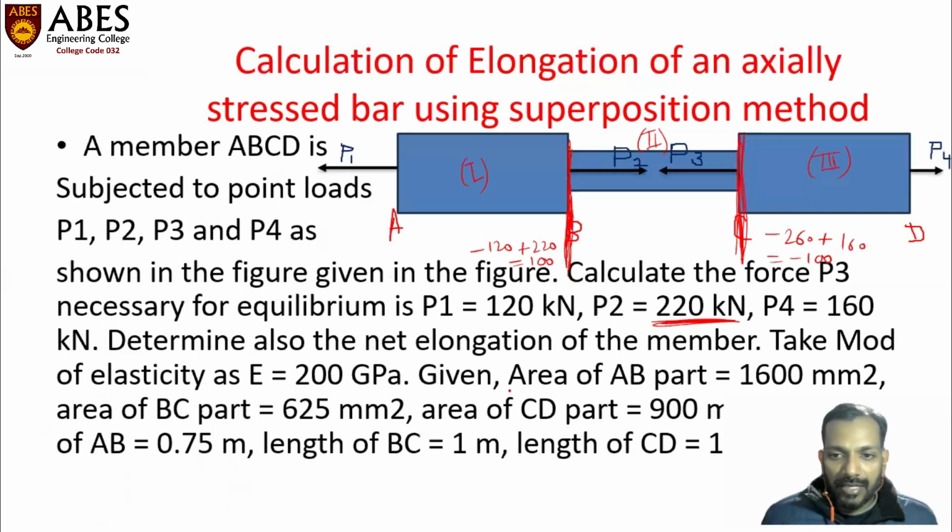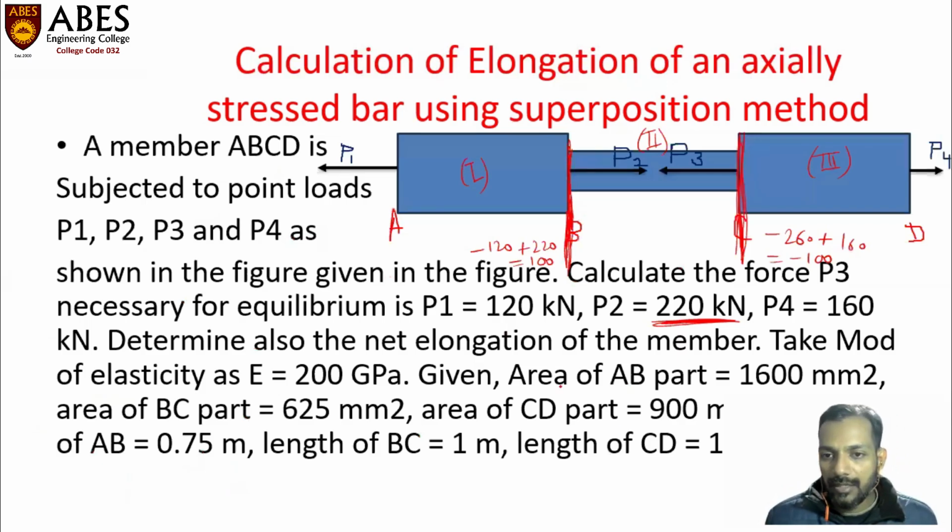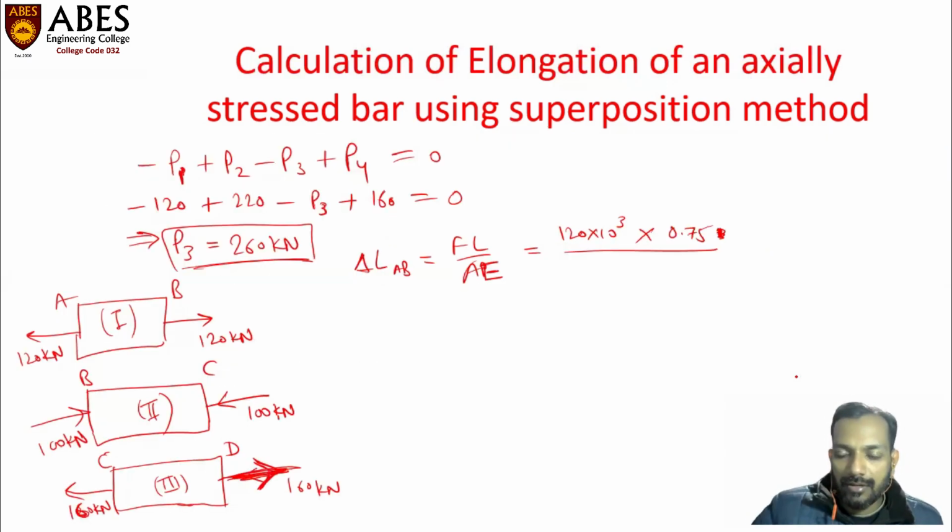Length of AB is 0.75 meter. F into L upon area. What is the cross-section area of AB? Area of AB part is 1600 millimeter square.